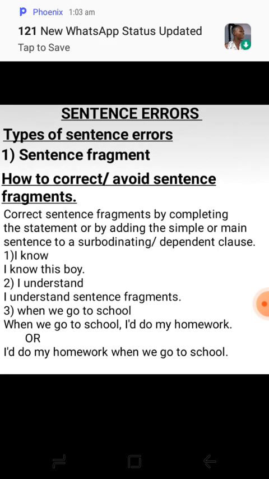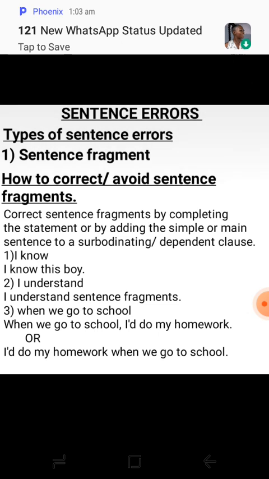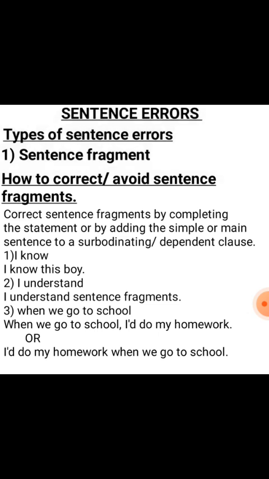Most sentence errors or sentence fragments are dependent clauses, subordinate clauses of sentences. So to correct them or to avoid sentence fragments, we need to make the statement complete by adding what needs to be added. So instead of saying I know, you have to say I know this boy. I understand.